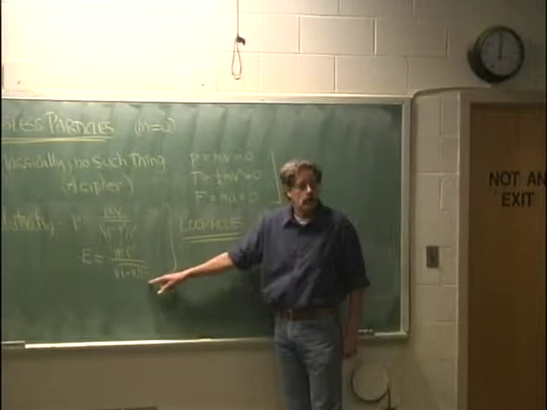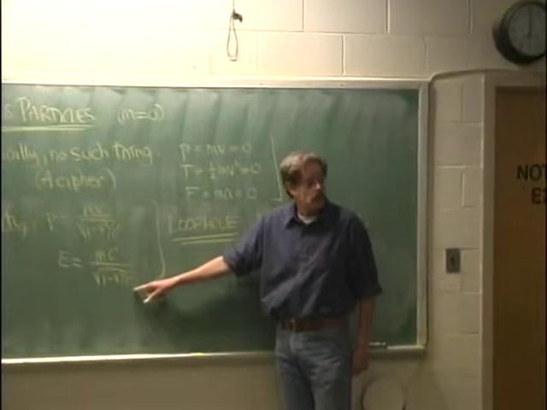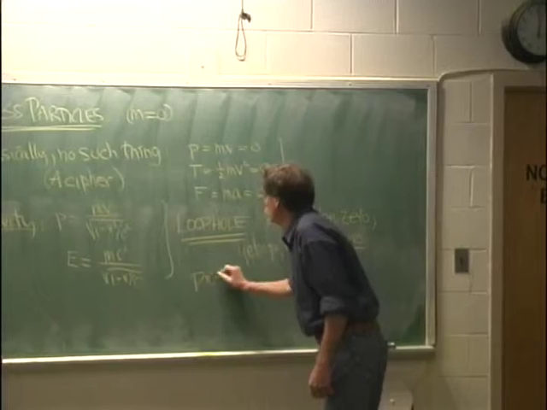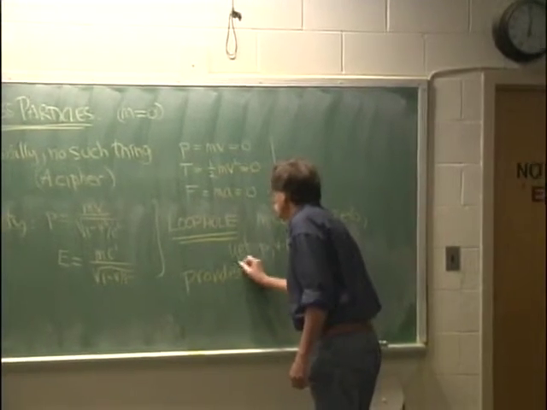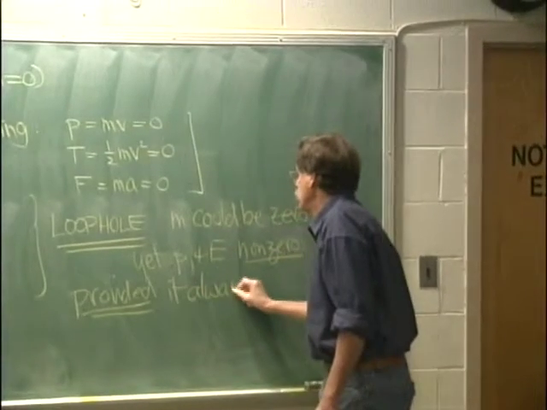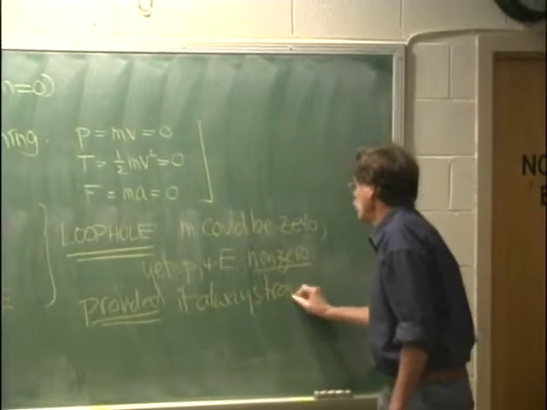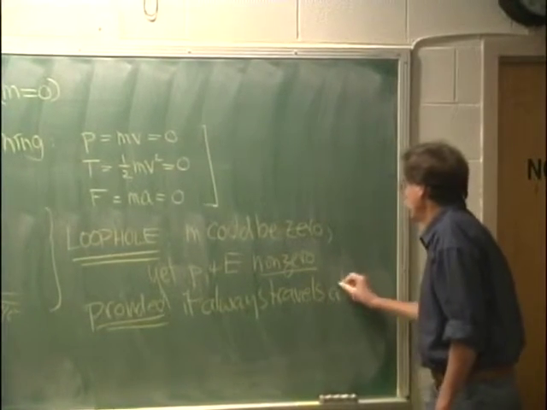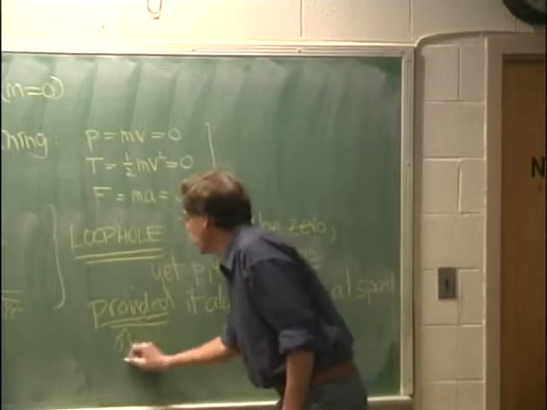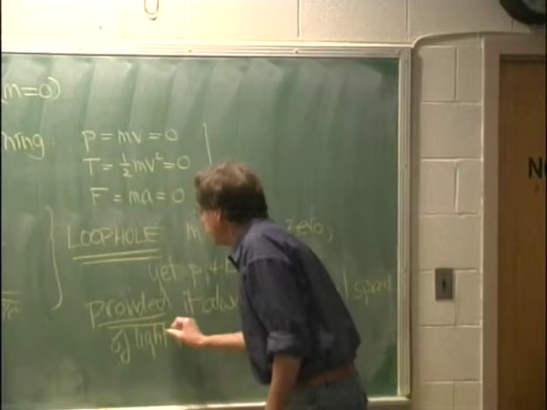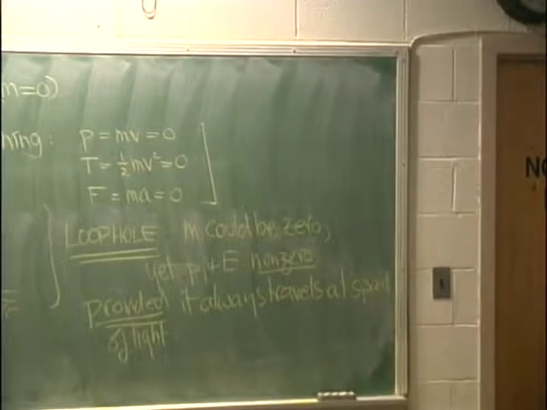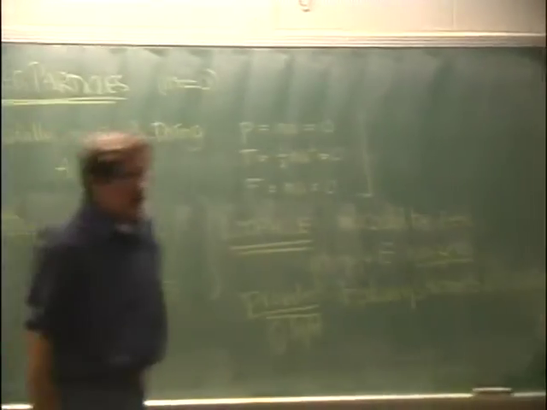When would that happen? v equals c, provided that it always goes at the speed of light. Curiously, by the way, this formula over here, the one relating energy and momentum, has no such defect in it.